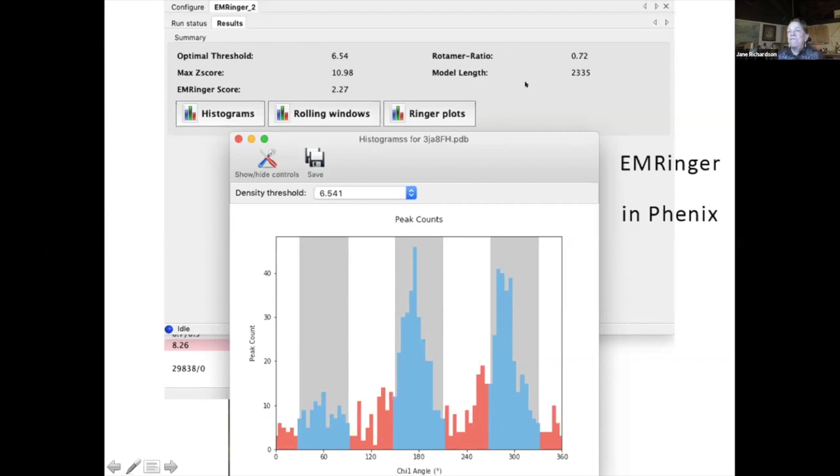And it's a very sensitive and reliable measure of regional quality, overall quality, and it uses mostly a 20 residue window. And it's very good for finding places where your map isn't fit very well.